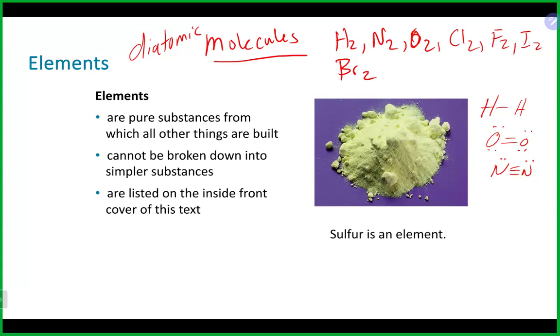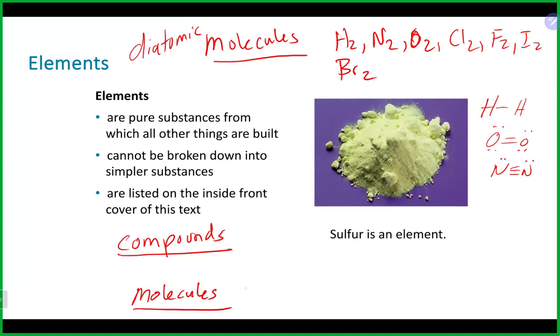So speaking of compounds, which we might see as well, sometimes people are confused by the definition of compounds and molecules. So let's just clear that up, just in case we have not. A molecule, the basic definition, means you need to have at least two or more atoms present.